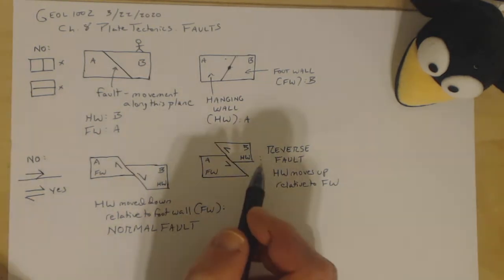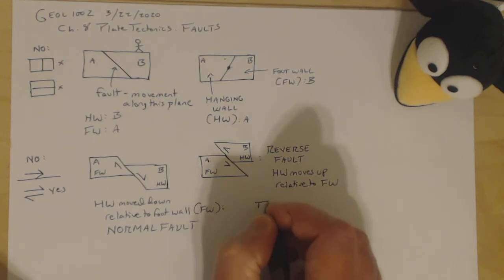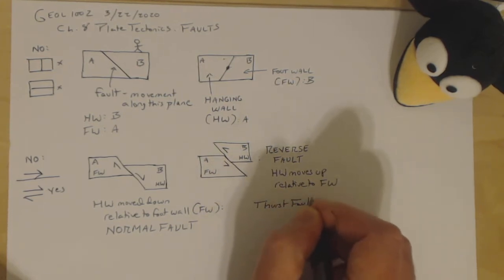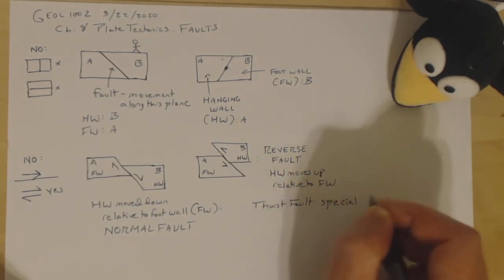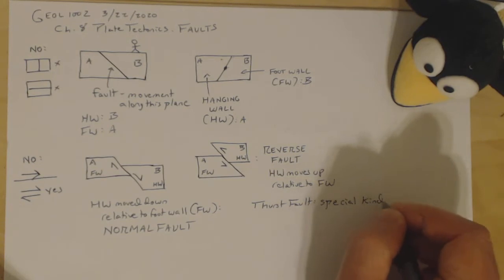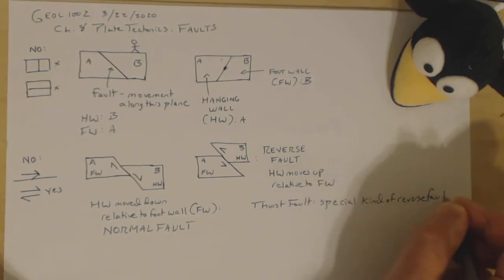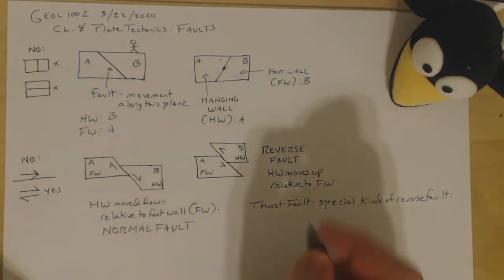There is a special type of reverse fault that's known as a thrust fault. And what happens in this case is the thrust fault is a reverse fault where the fault angle is less than 30 degrees.